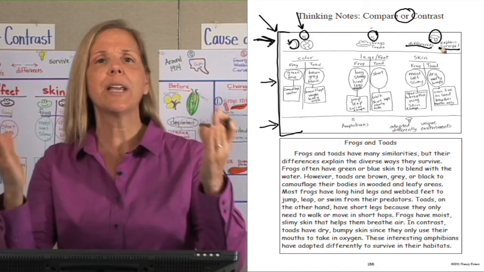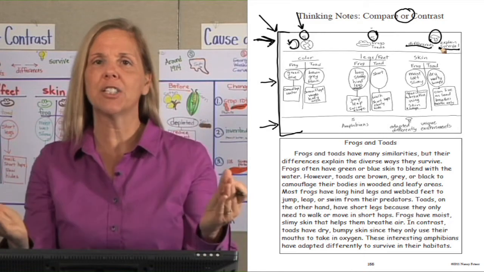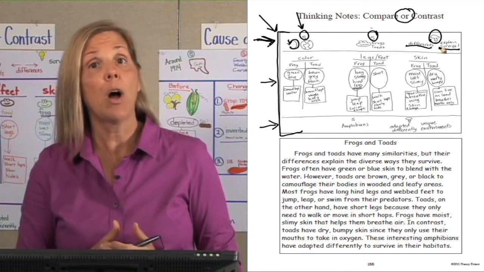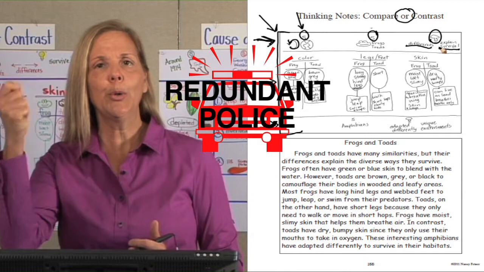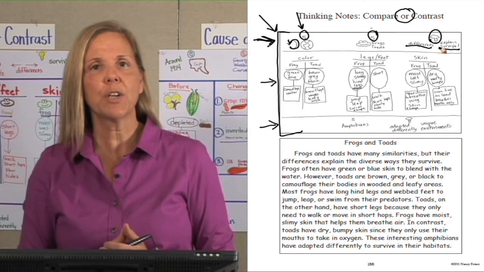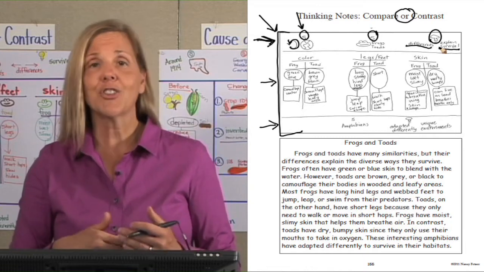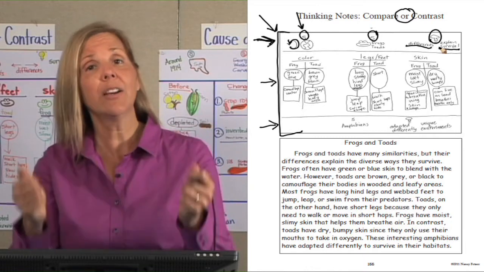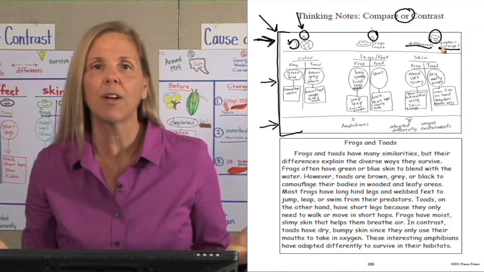At this point, our big idea is frogs and toads have many differences, which explains why they survive in different ways. I use the word difference. Let's change the word to diverse. Frogs and toads have many differences, which explains their diverse ways of survival.